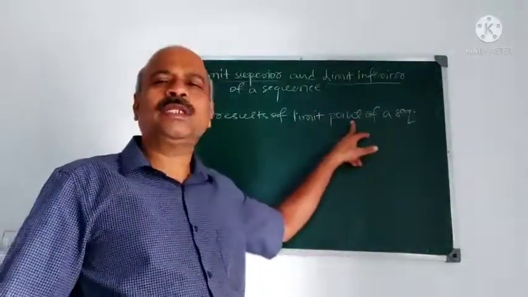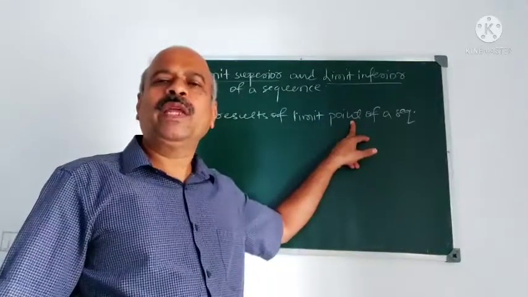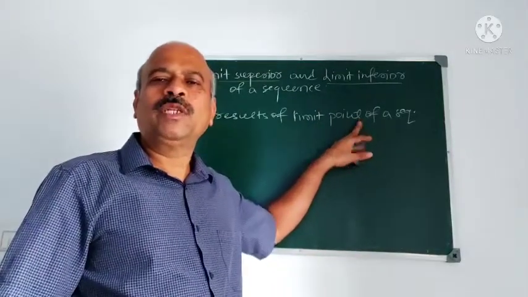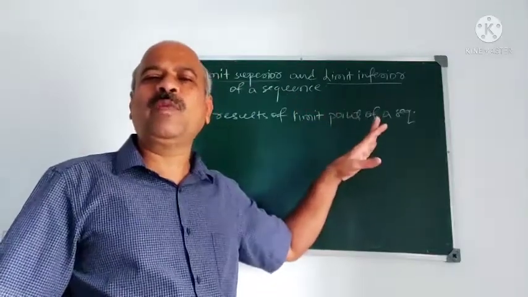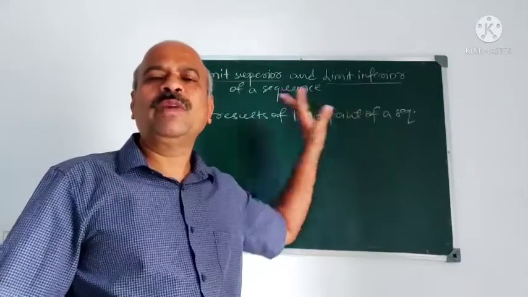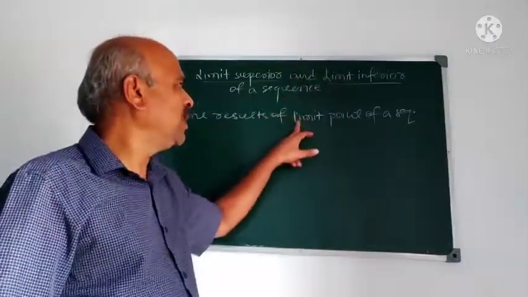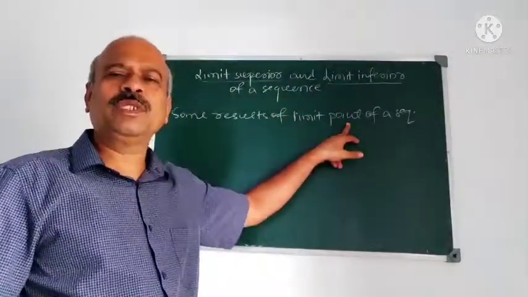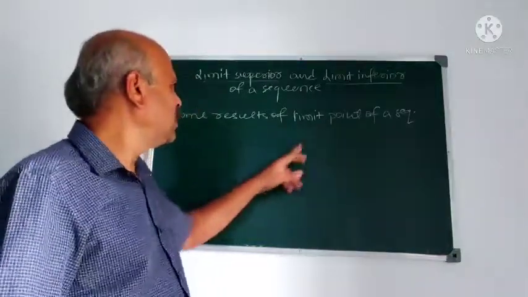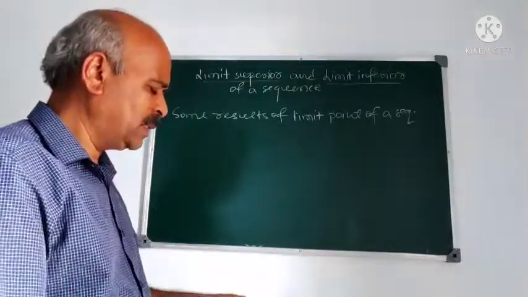Limit point means a sequence may have many limit points, but if the sequence has only a unique limit point, then it is called limit of a sequence. Now limit superior and limit inferior are defined in terms of limit point of a sequence. Therefore I revise some results on this limit point.